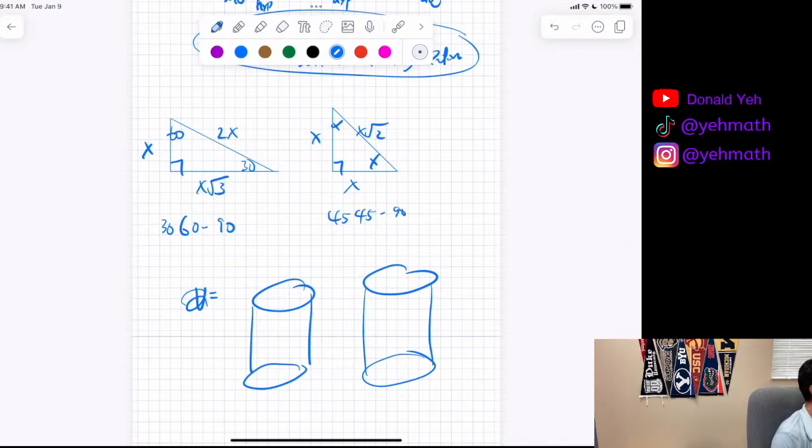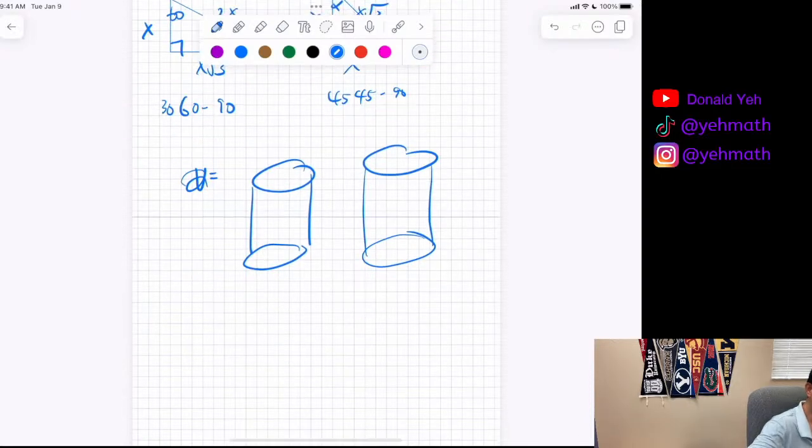Well, the radius of cylinder A is 1/3 of cylinder B's radius. So that makes cylinder B how many times bigger?